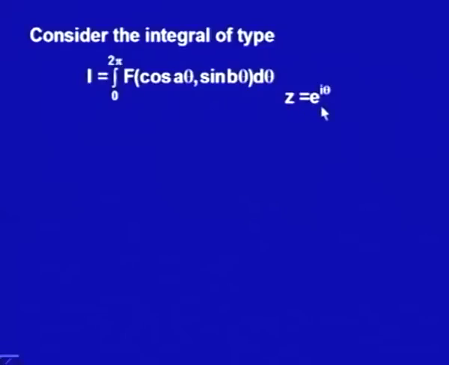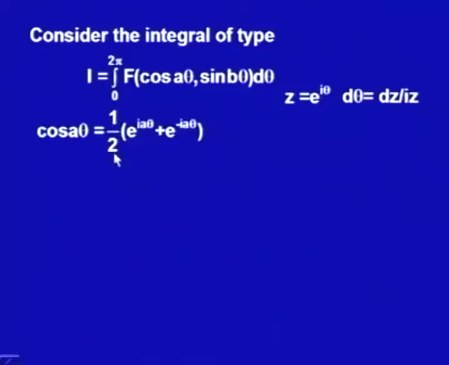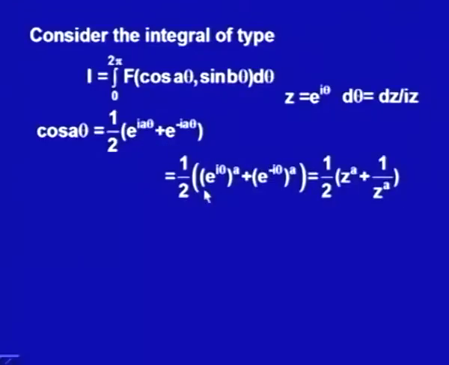Use the same transformation, z equals e to the power i theta. Then we know d theta as such. We know that cos a theta we could write as 1 by 2 into e to the power i a theta plus e to the power minus i a theta. Because this is an exponential function, with its good properties we could write it as e to the power i theta to the power a plus e to the power minus i theta to the power a.